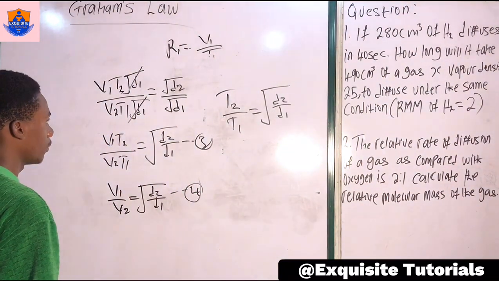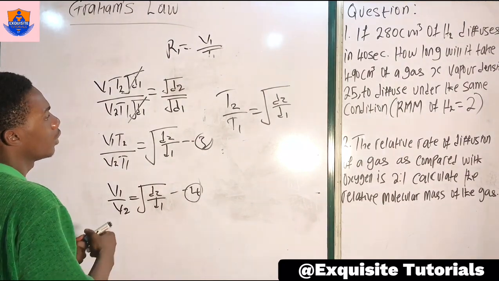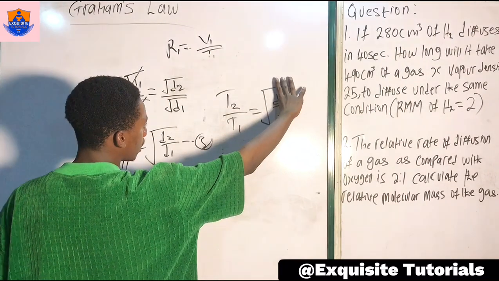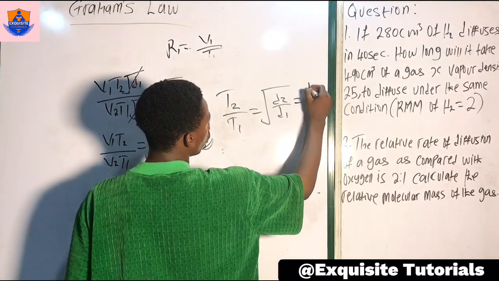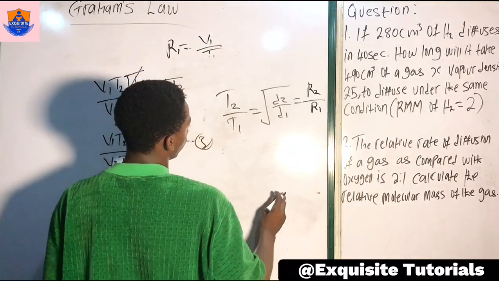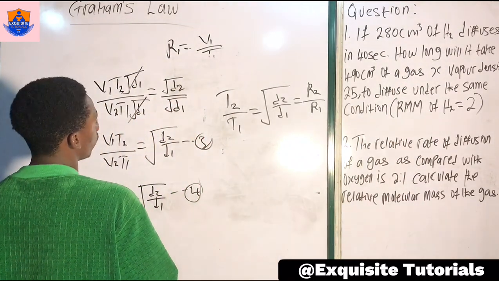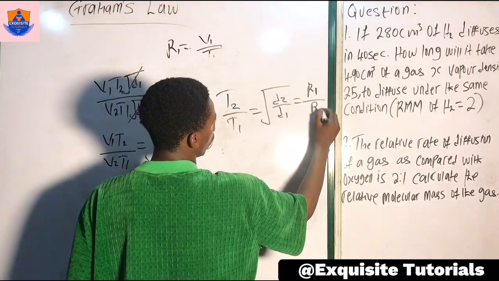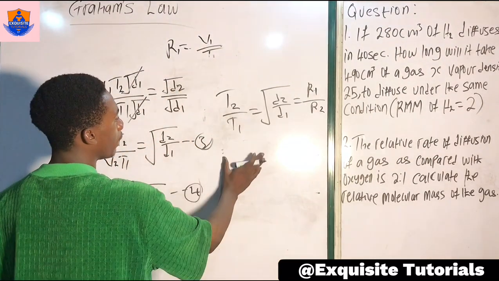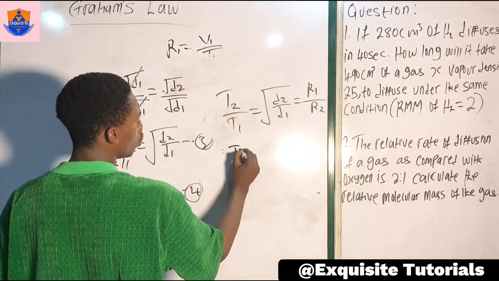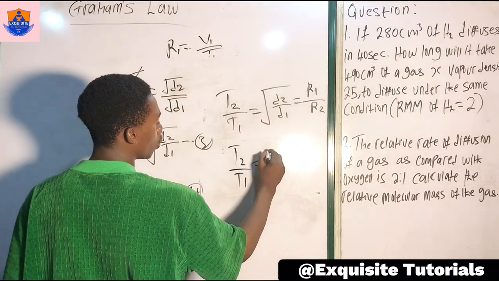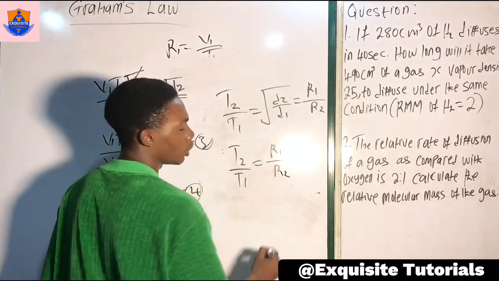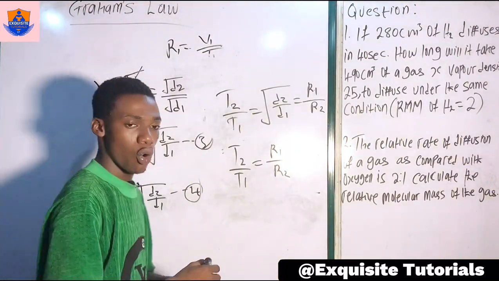As well, since T2 over T1 is equal to this, it will still be equal to R1 over R2. So from here we can do some relation that T2 over T1 is equal to R1 over R2. Now these are all equations under Graham's law.